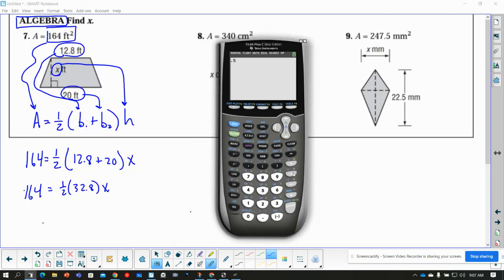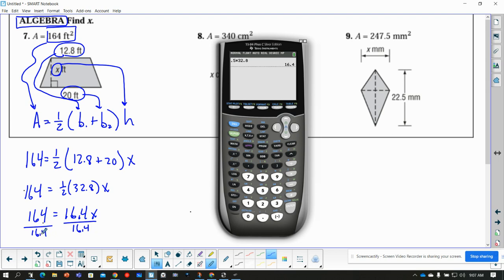1/2 times 32.8, 16.4. Okay, so we get 164 equals 16.4x. And then to get this x by itself, would we divide both sides by 16.4?